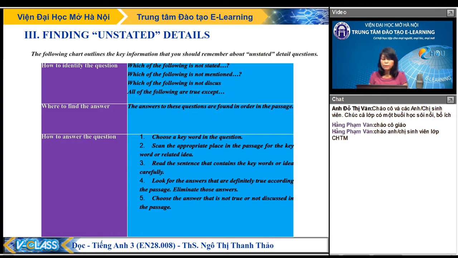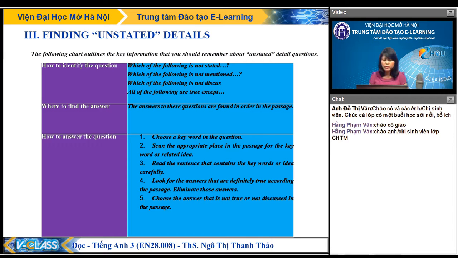I would like to give you some tips on dealing with this type of exercise. The first one, before you do the exercise, just identify what kinds of exercises you are going to do. Now look at the questions here. Here are some common questions for finding unstated detail.